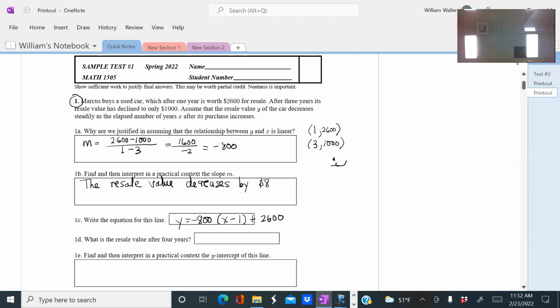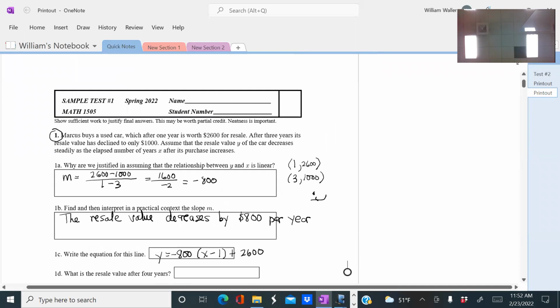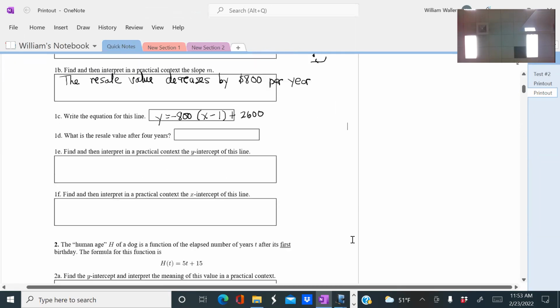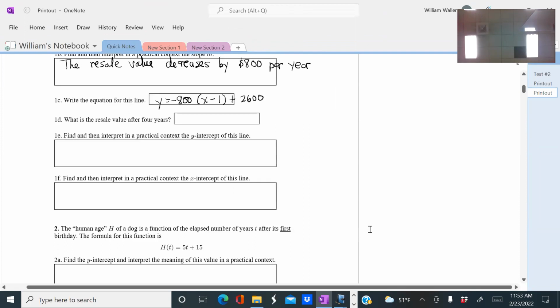Don't put -800 because you already said decreases. You have to put a little bit more here: decreases by 800 per year. So don't leave off the per or each year, or you can say as 1 year goes by. There are lots of ways of saying that, but make sure that you put in the "per" for something.